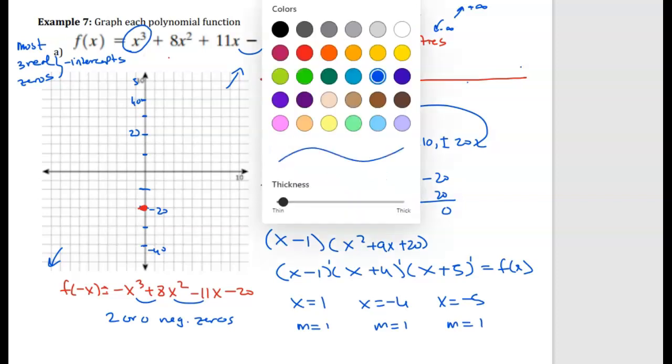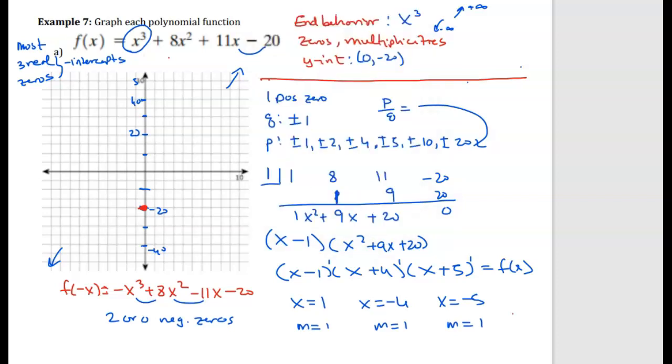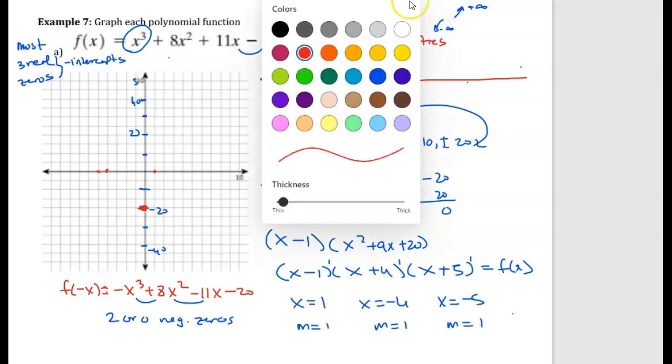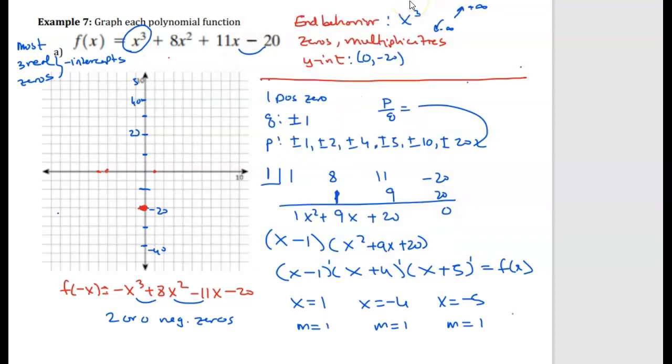Let's graph these intercepts. With odd multiplicities, it's going to cross through. So x is 1, x is negative 4, and x is negative 5. Those are really close together, so let's see if we can make a good job here. It has to start down here, because that's what the end behavior says.